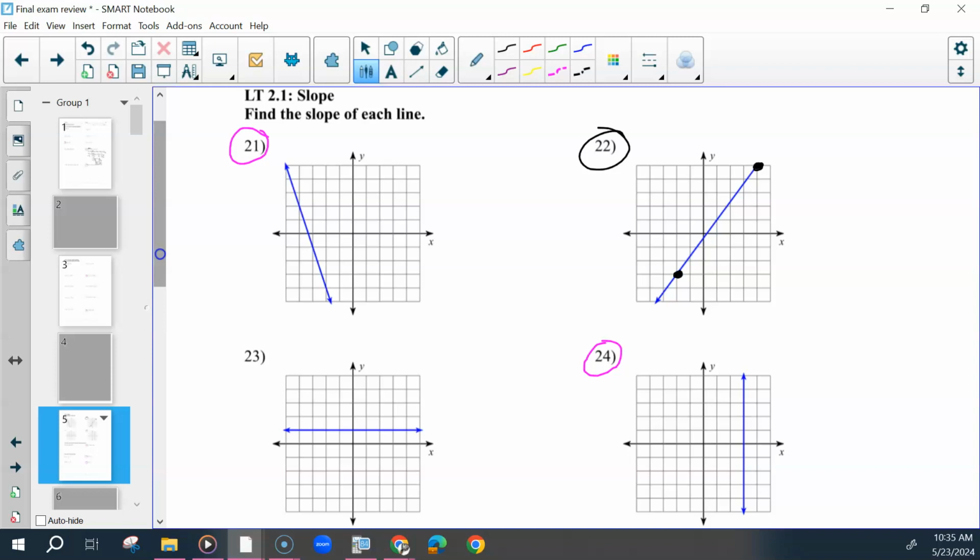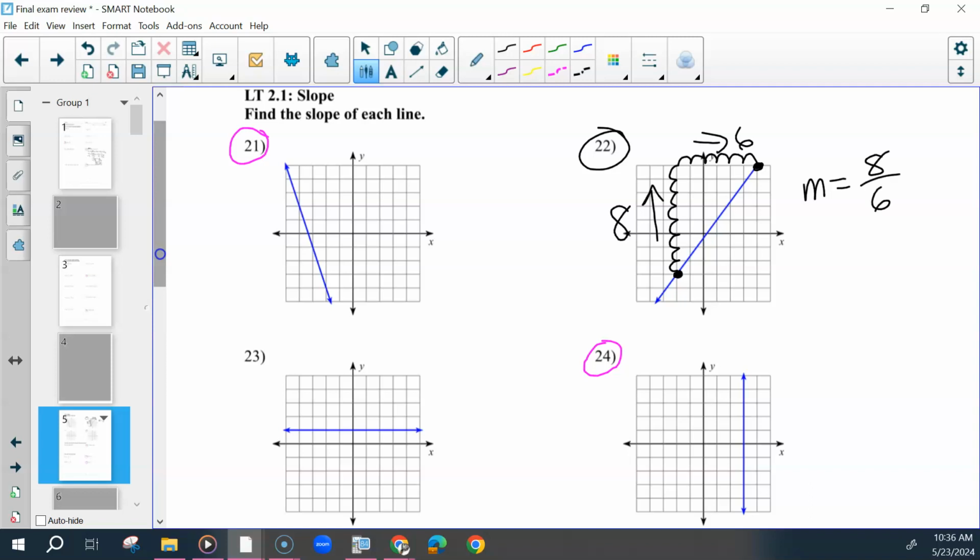And I would count rise up or down first, and then left or right. So this would be 1, 2, 3, 4, 5, 6, 7, 8. And then to the right, 1, 2, 3, 4, 5, 6. Make sure all of your slope answers have an m equals.